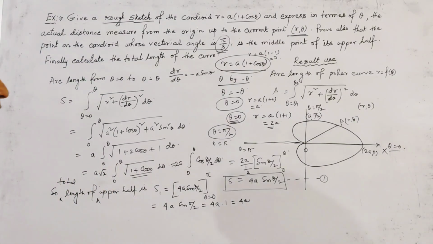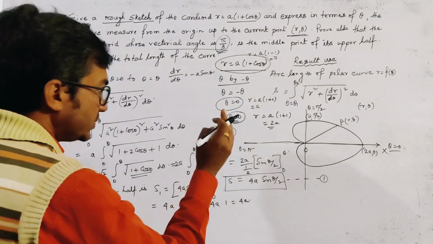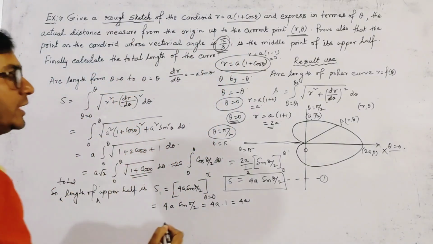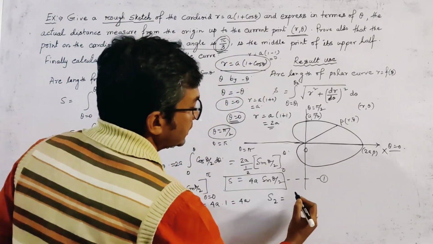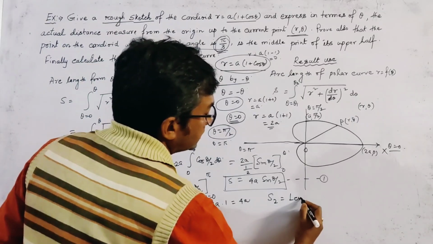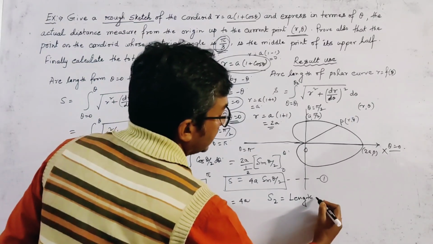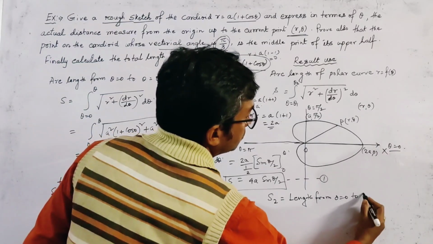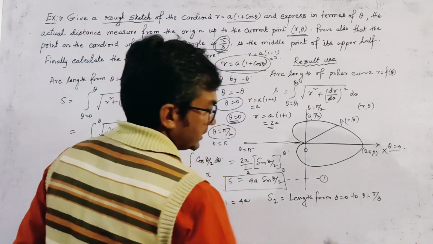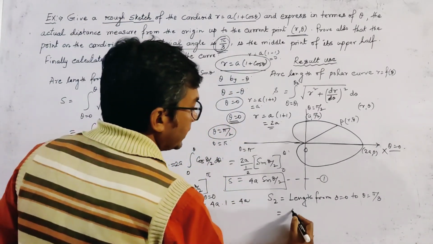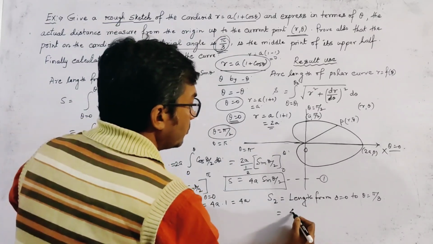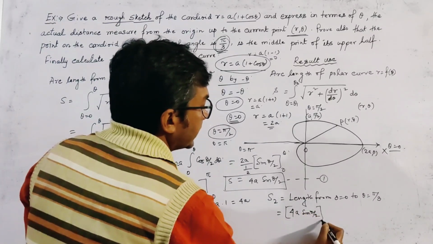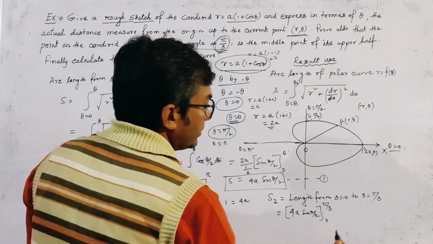Now let the length from theta equal to 0 to theta equal to pi by 3 be S2. Here S2 is the length from theta equal to 0 to theta equal to pi by 3, which is given by 4a into sin theta by 2, and the range is 0 to pi by 3.